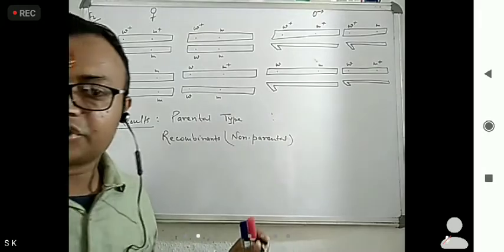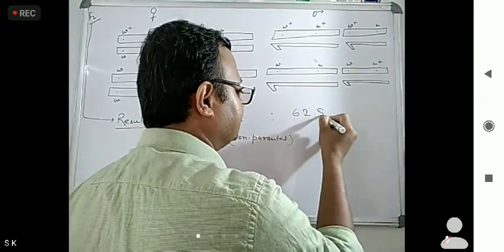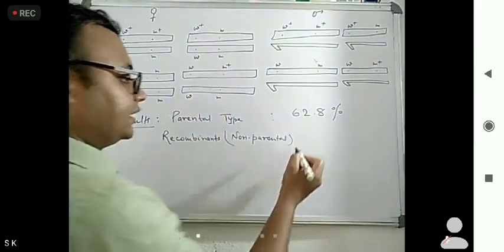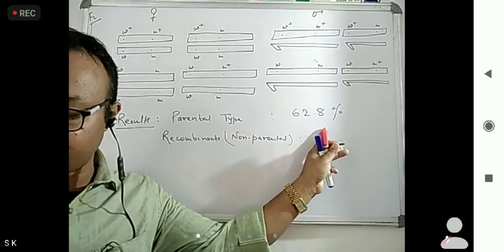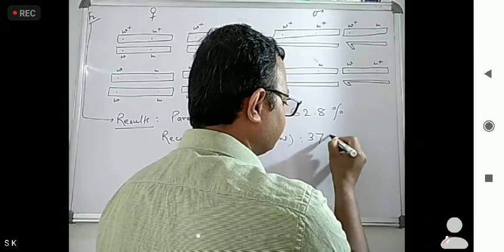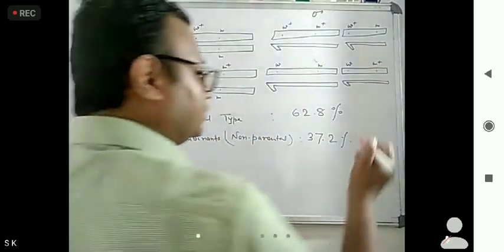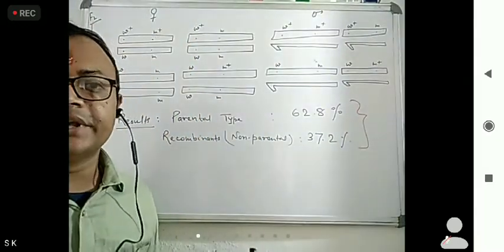Parental type came 62.8%. You are seeing that it is being reduced. And recombinants, that is non-parental type, new type, came 100 minus 62.8, that is 37.2%.